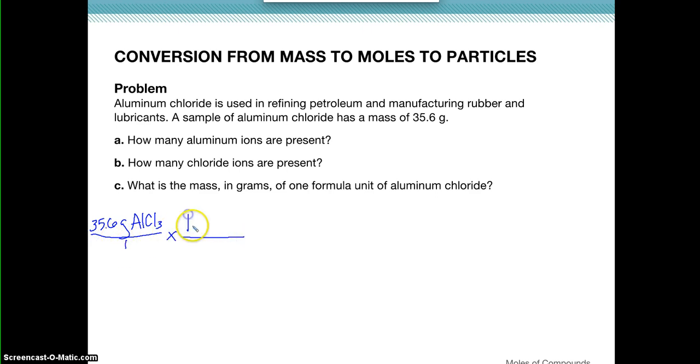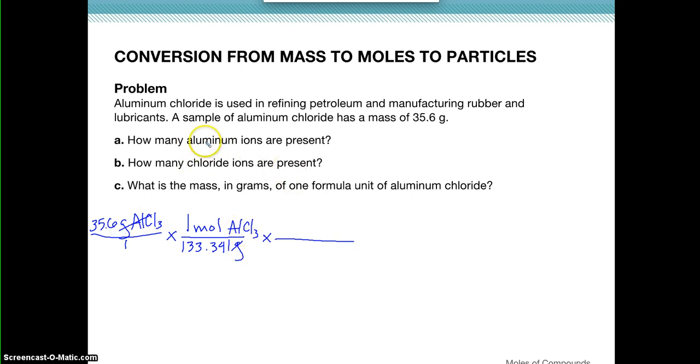We're still going to convert it to moles, just like we did before, because we can't do anything from grams. We have to be in moles. That's what's central. We use our molar mass, which we said was 133.341 grams of AlCl3. Okay, so we've canceled our grams.